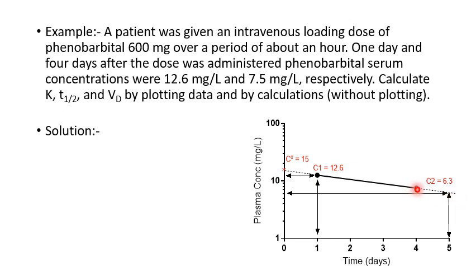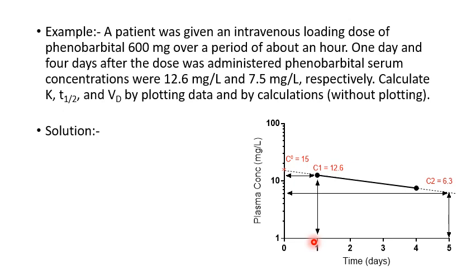This can be done simply by extrapolating the straight line, and then determining the plasma concentration 6.3 from the y-axis to intercept with the straight line, and then we find the time of this point here. The time of this point is 5 days. So the time interval between half the concentration and the initial concentration is 4 days. According to this, the half-life of the drug is 4 days.